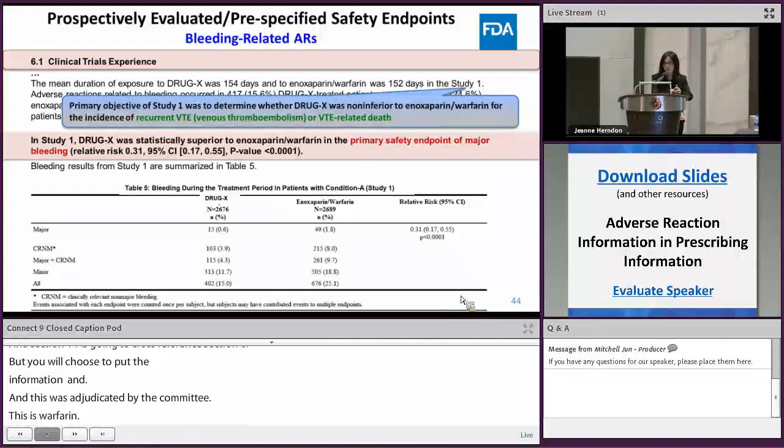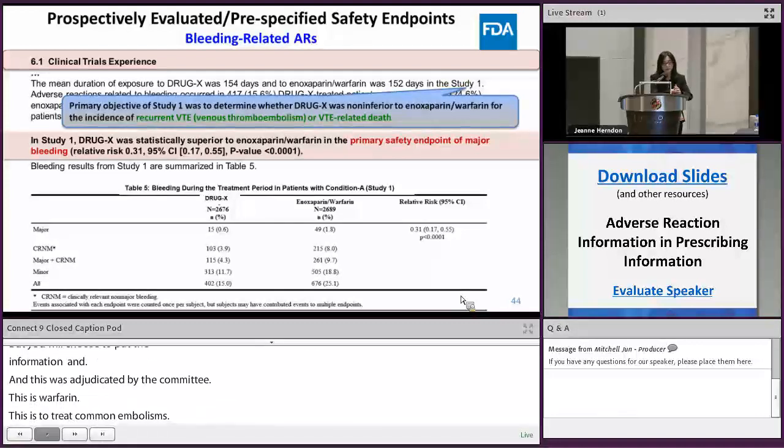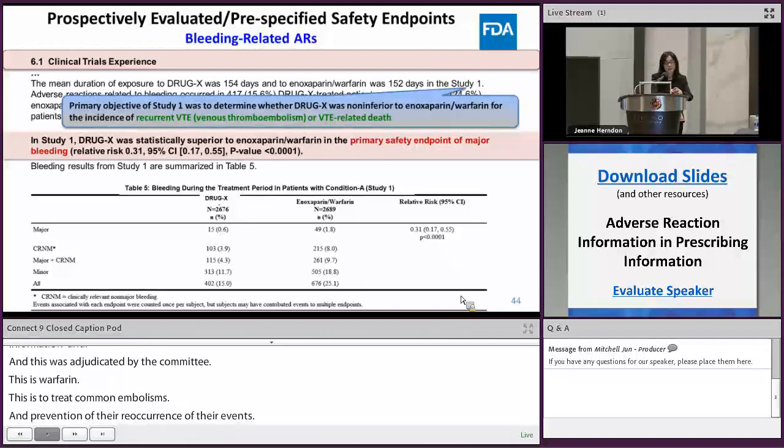So that was the main efficacy endpoint, and that's the indication for this drug. At the same time, in the same study, they designed primary safety endpoints of major bleeding. And this drug was shown to be statistically superior to enoxaparin and warfarin on the major bleeding endpoints.